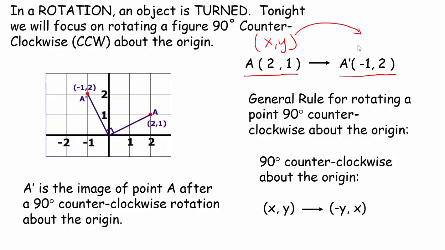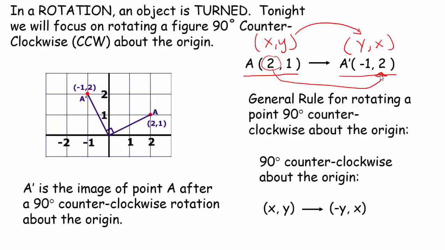They reverse their order when we go to the image after a rotation of 90 degrees counterclockwise. So X, Y first becomes Y, X. Remember, look at this 2 here for A. Look where it ends up over here for A prime. The X, Y does change its position and become Y, X.